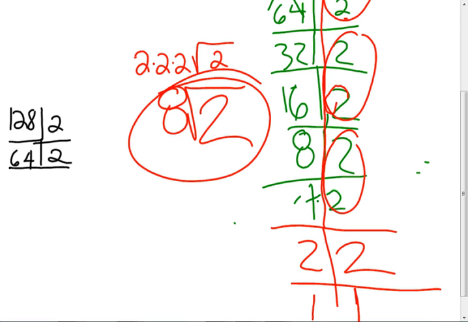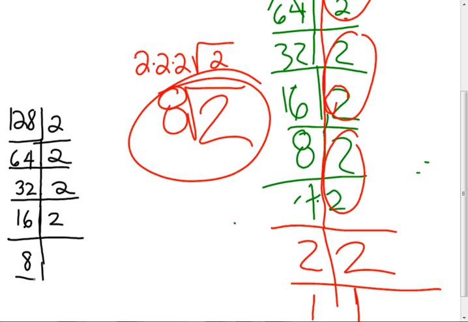2. 4 is not prime. 2 into 64 is what? 32. Oh, 2 again. How many times does 2 go into 32? 16. Okay, India. 2 into 16 goes 8.